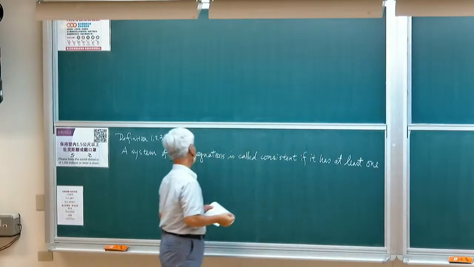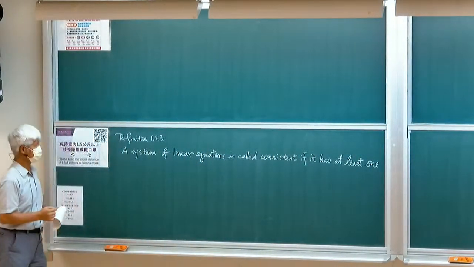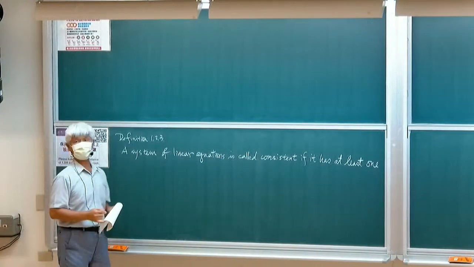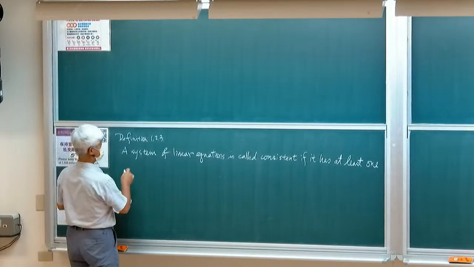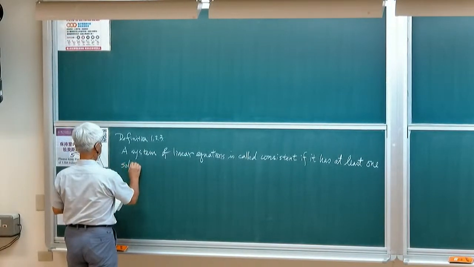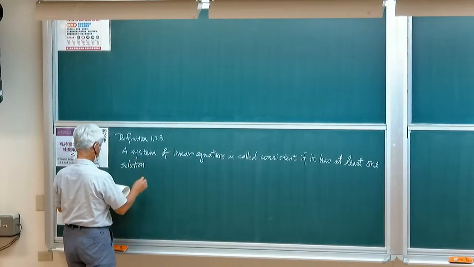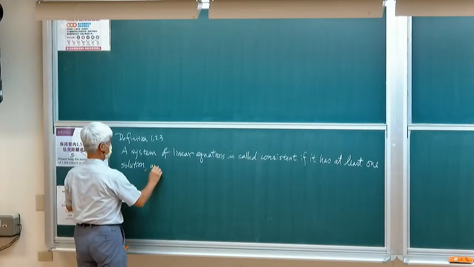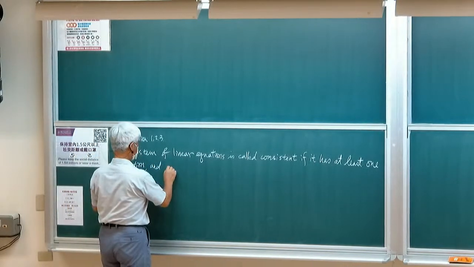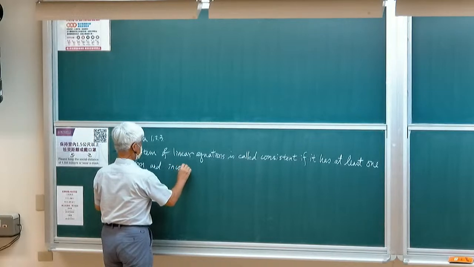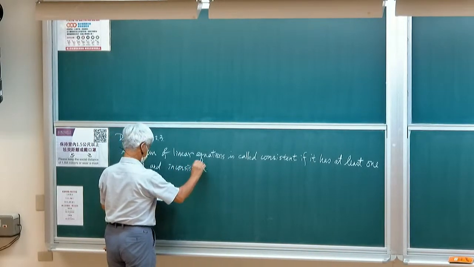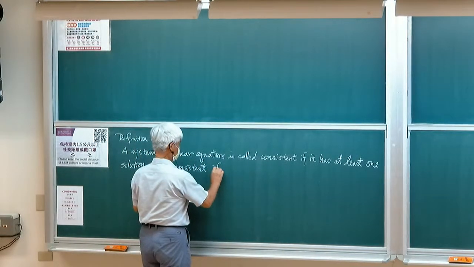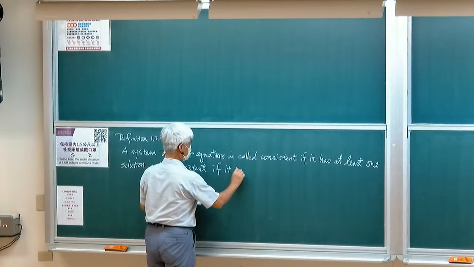Okay, so a linear system is called consistent if it has at least one solution. All right, and we call it inconsistent if it has no solution.